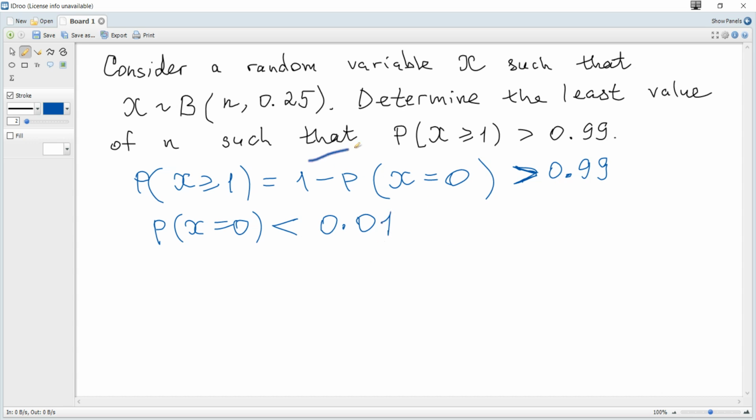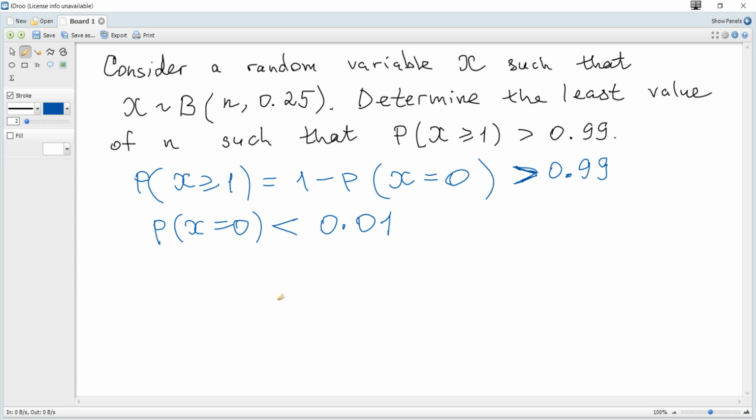Or if you move 1 to the right, it becomes negative p. Negative probability is greater than something, but you remember, for inequalities, if you multiply or divide by a negative value, you should flip the inequality sign. So negative p is greater, so p will be less.